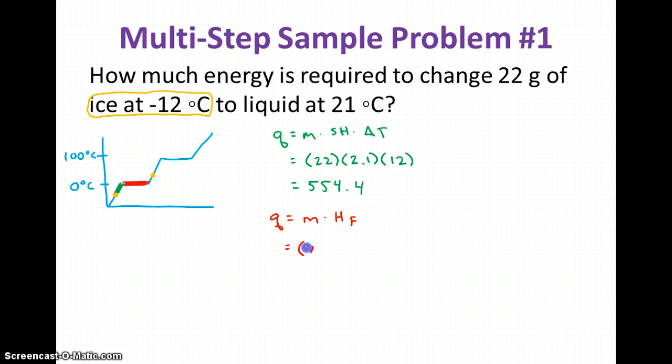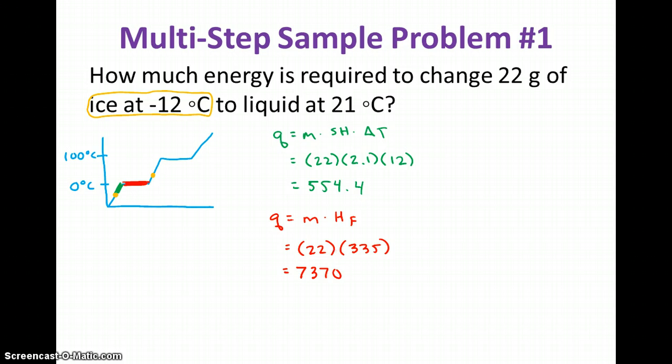The mass is 22 still. The heat of fusion for water, I need to look that up. All right, I am at water in my table. Heat of fusion for water is 335 joules per gram. 335. So 22 times 335 equals 7,370.